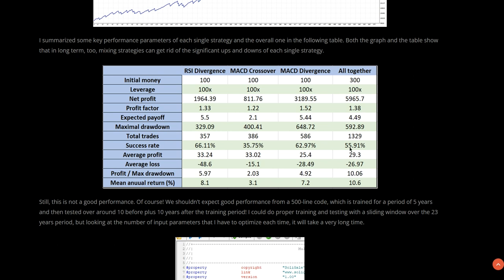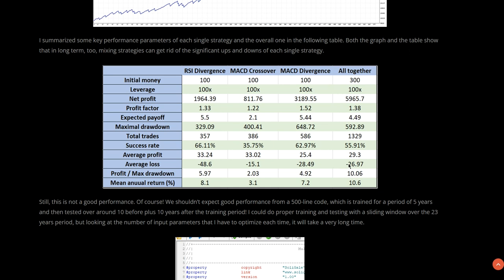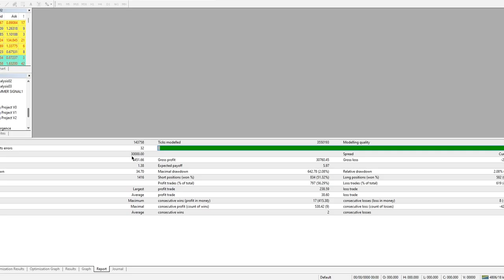Then the success rate 55, 56, still the same. Then the profit is 38, 36. Here it was a better difference perhaps, or maybe not. And the rest is not that different. The only thing is that the amount of profit divided by maximal drawdown has improved.